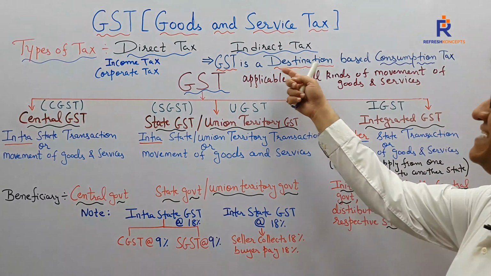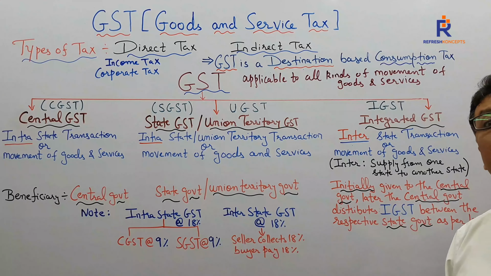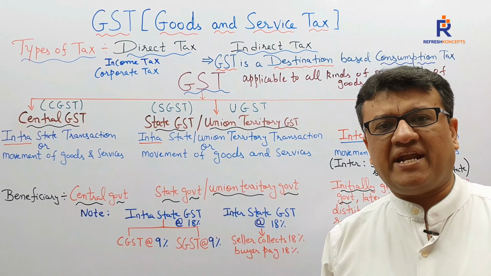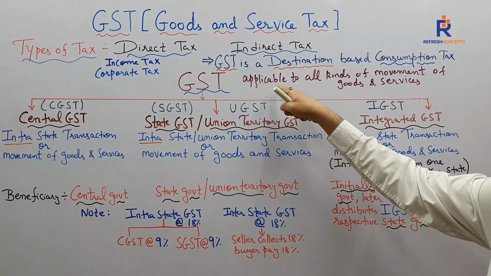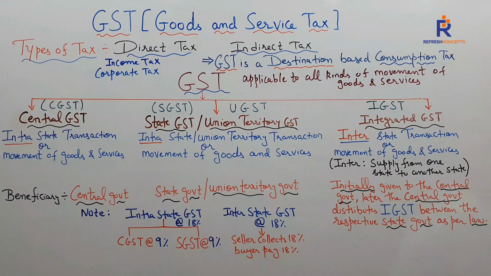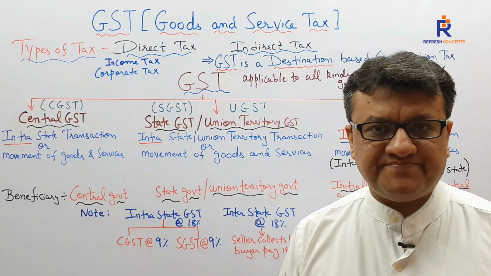So it is a destination-based consumption tax. It is a tax which is applied only on consuming a certain article. On consumption of that article only, GST gets applied. It is applicable to all kinds of movement of goods and services, as I stated earlier, whether it be intrastate or maybe interstate.